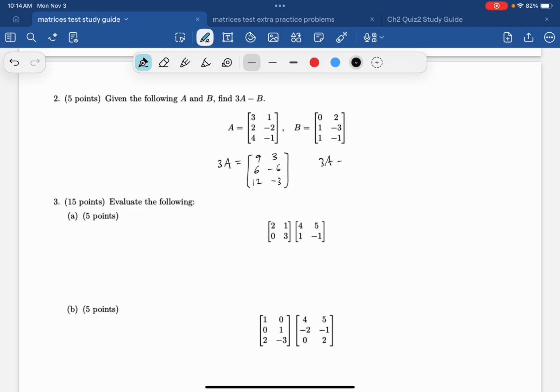So that means 3A minus B is going to be 9 minus 0, 9. 3 minus 2, 1. Then I can do the rest. Okay, minus 6 minus negative 3 is negative 3. 10, then negative 2. Okay, so that's going to be my answer. Hopefully that's right.